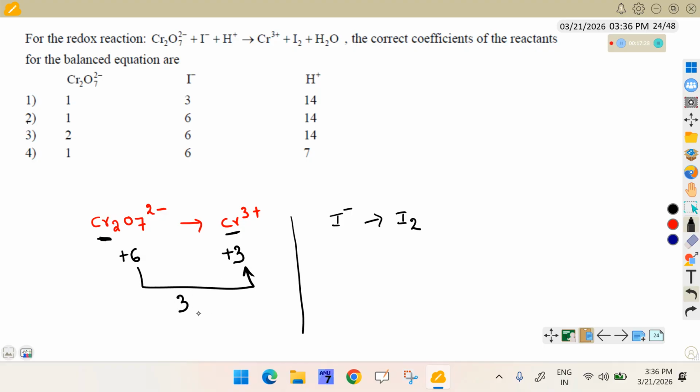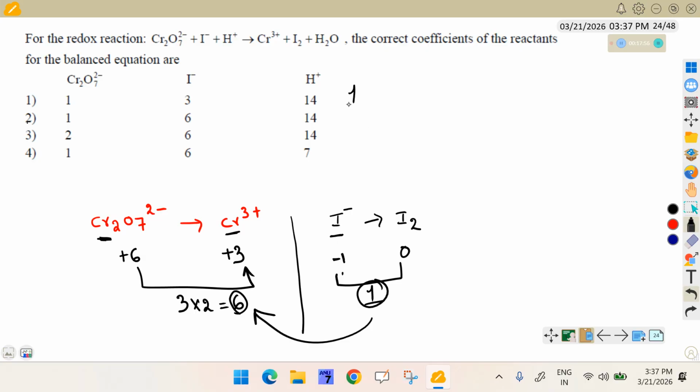Reactant side 2 chromium atoms are there, so multiply with 2, 3 2s are 6. Oxidation state of iodine in I- is minus 1, in I2 is 0. Oxidation number difference is 1. Now exchange the coefficients, exchange the n factors.